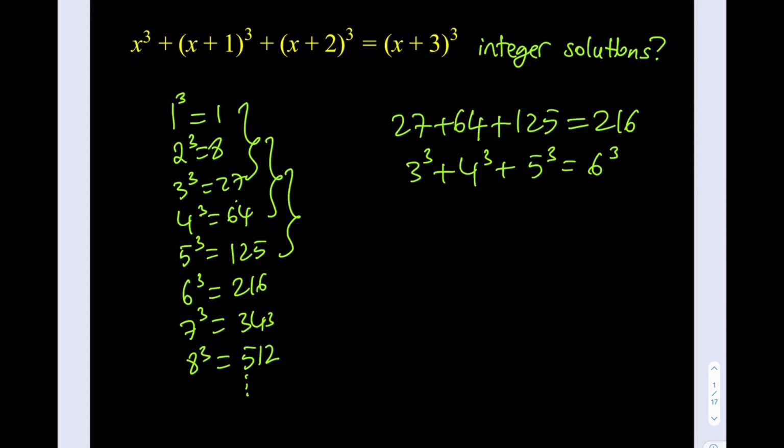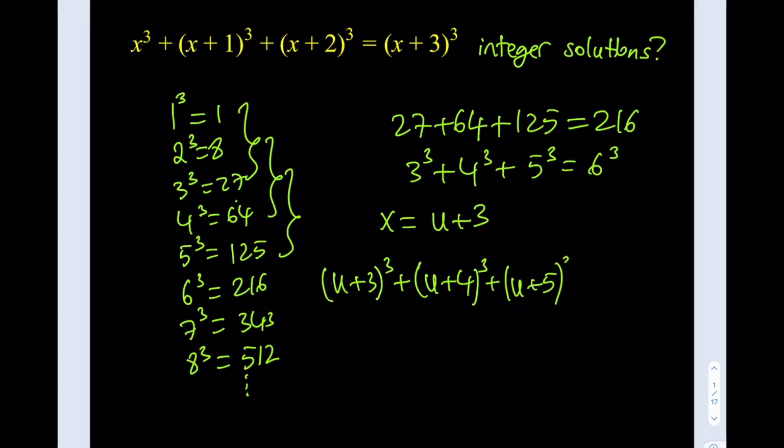So here's what I'm going to do. To take advantage of this, I'm going to replace x with u plus 3, and you know that I like u substitution, so I'm going to get something nice. What is that going to look like? I'm going to get (u plus 3) cubed plus (u plus 4) cubed plus (u plus 5) cubed equal to (u plus 6) cubed.